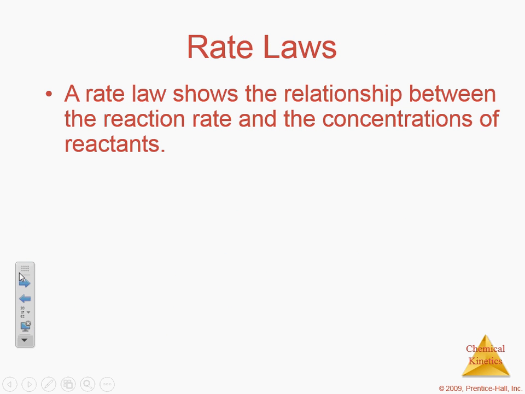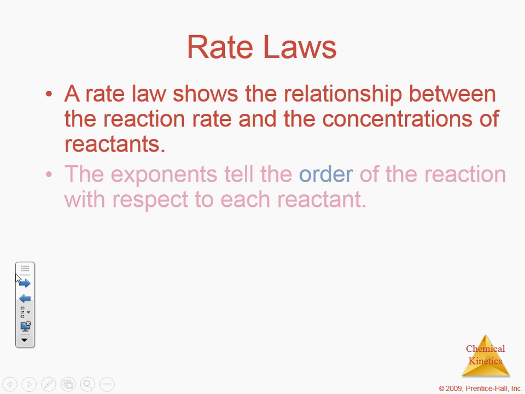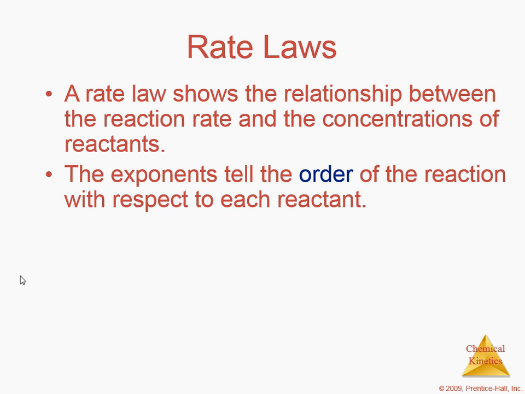So if we look at rate laws, a rate law or equation is going to factor in the concentration of our reactants with our rate. And it's always going to ask you what's the order of the reaction. Is it a first order reaction, second order reaction, third order reaction, fourth order reaction? The exponents tell us the order of the reaction.